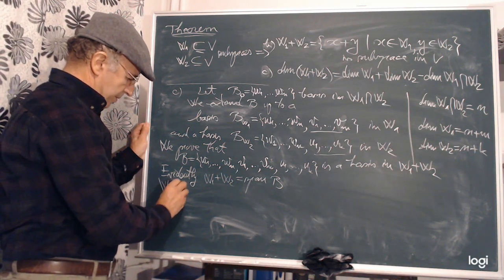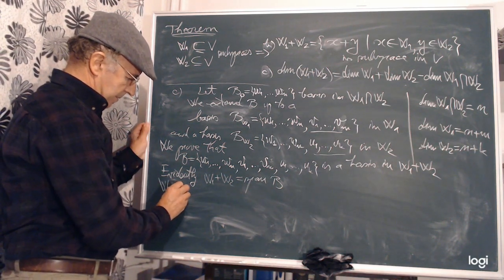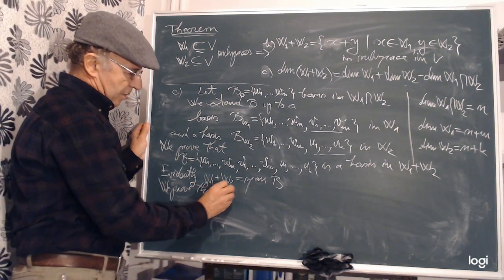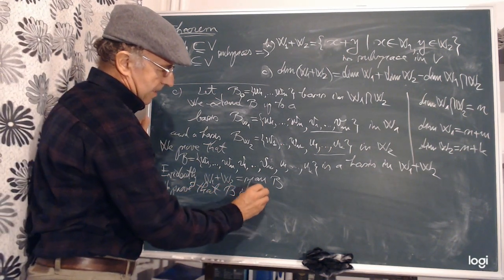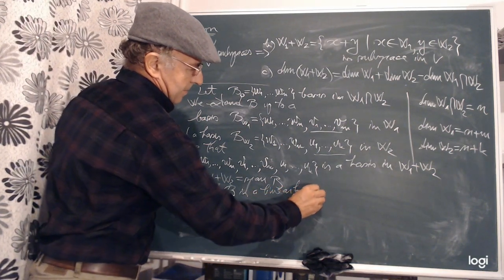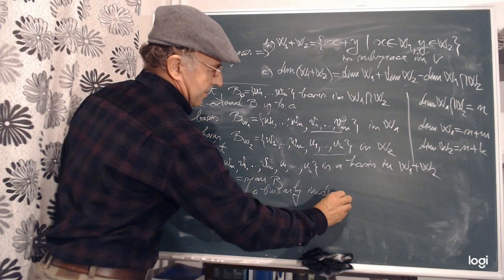We prove that B is a linearly independent set.